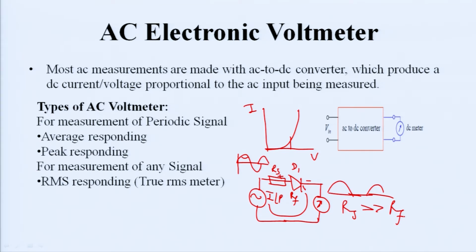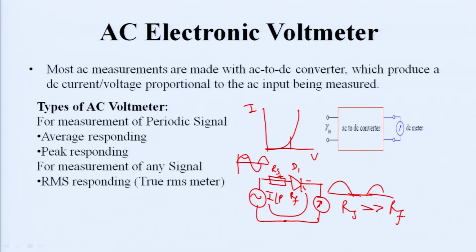Then we can use this diode with a capacitor for the measurement of the peak value of the signal voltage. These two types of voltmeters, average responding and peak responding, are used for periodic signals. The signal may be of any shape, but it should be periodic in nature.